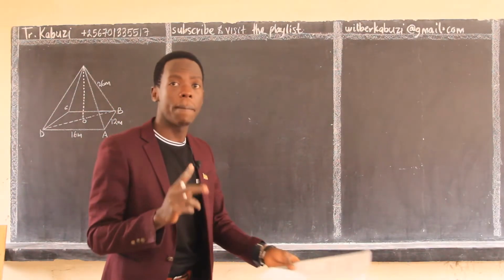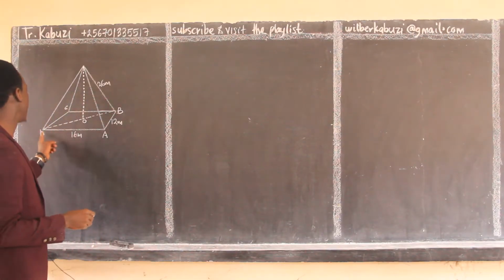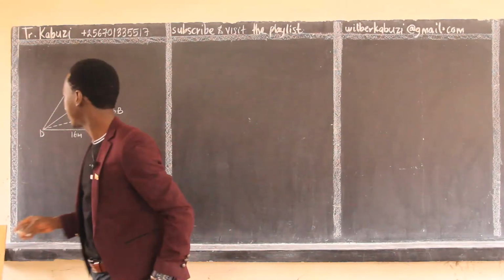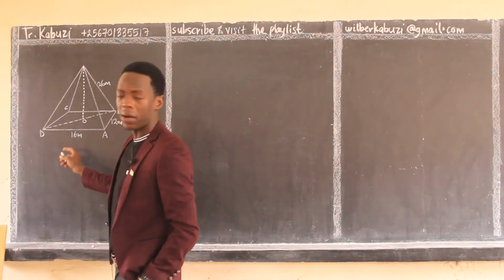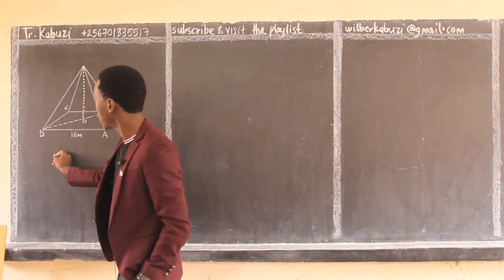So if I pick out that rectangle ADCB, it's going to be like this.